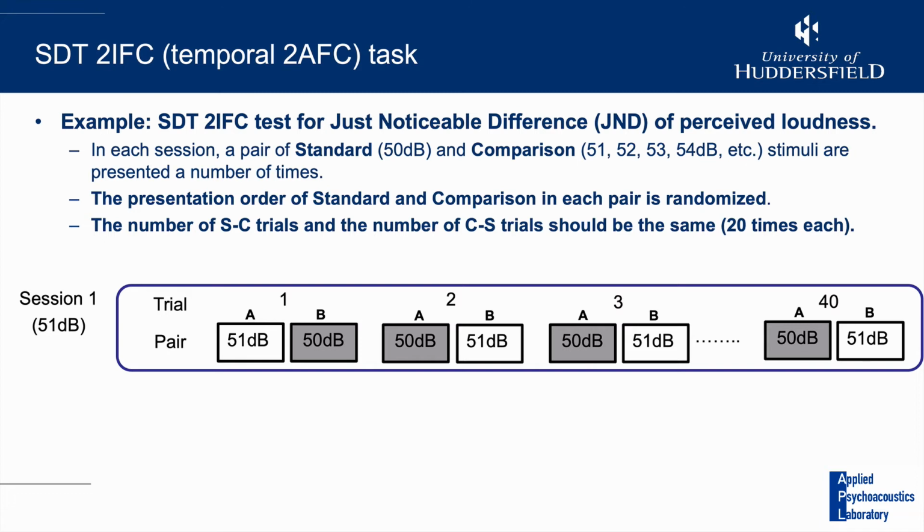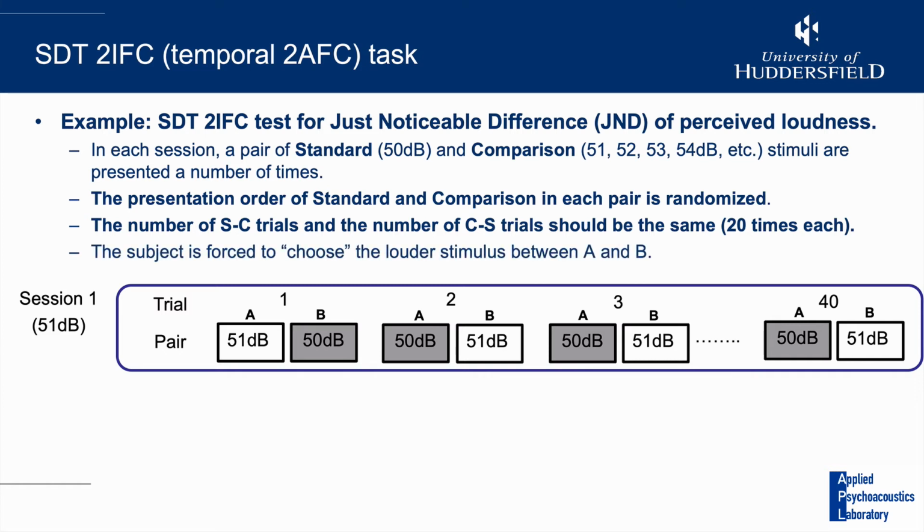But in the second trial, the standard stimulus is presented first, and then the comparison stimulus follows, and so on. But the important thing is that the number of SC trials and CS trials should be the same. In this example, we have 20 times each.